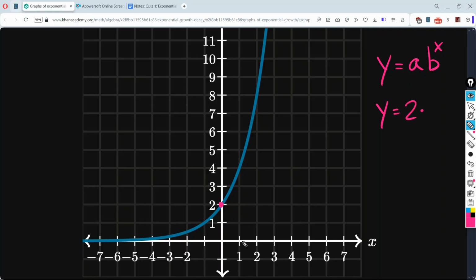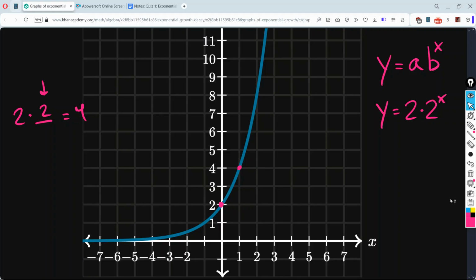And for b, at x equals 1, it goes to 4. So it went from 2 to 4. 2 times what equals 4? Well, that's just 2. So 2 is the number you're multiplying by each time, so b is going to be 2. So it's going to be 2 times 2 to the x.